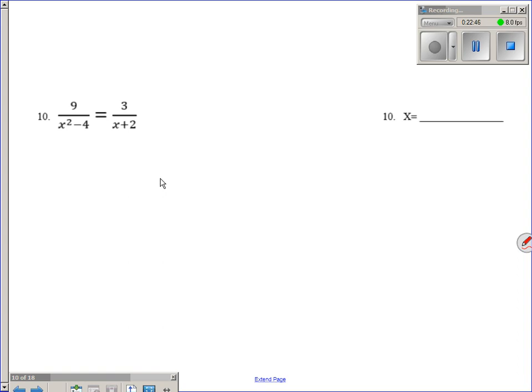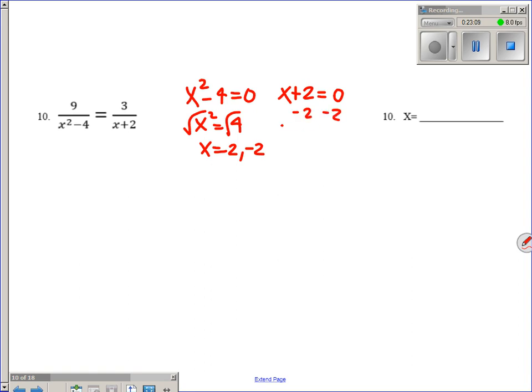So before we do this, let's solve both of our denominators for x by setting them equal to 0. And for the first one, you have to add 4 and then take the square root. So x equals positive 2 and negative 2 when you take the square root. And then for the next one, when we subtract 2, we also get negative 2.